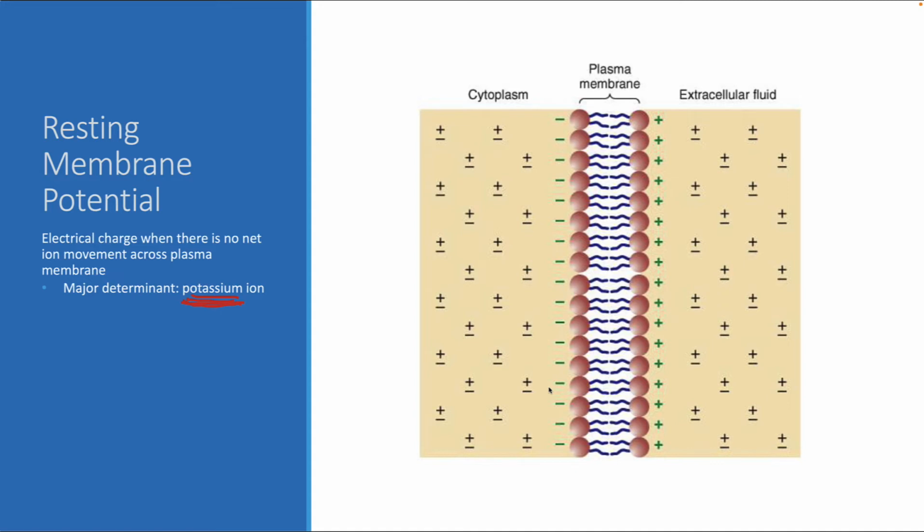And the extracellular concentration is in the neighborhood of 10 milliequivalents per liter. Okay? In the bloodstream, it's 3.5 to 5, right? 3.5 to 5.5 potassium concentration in the serum. So when the cell is in equilibrium, those charges, intracellular and extracellular, are about equal, right? They're about equal. And that is the resting membrane potential.